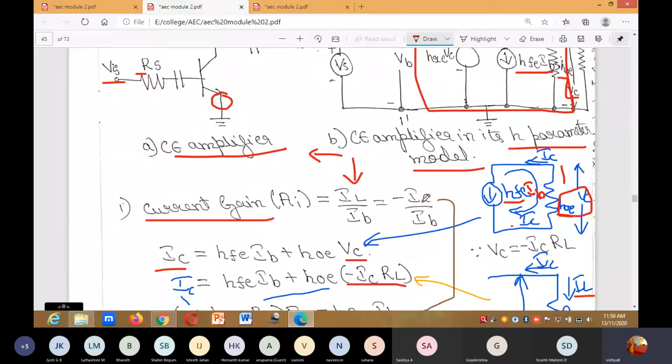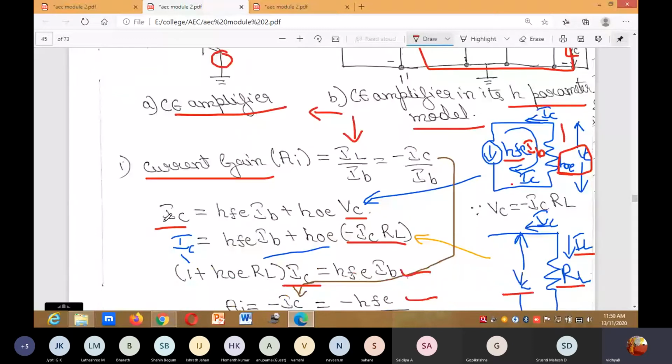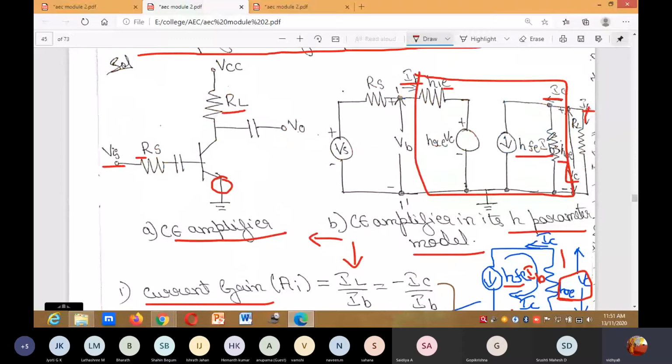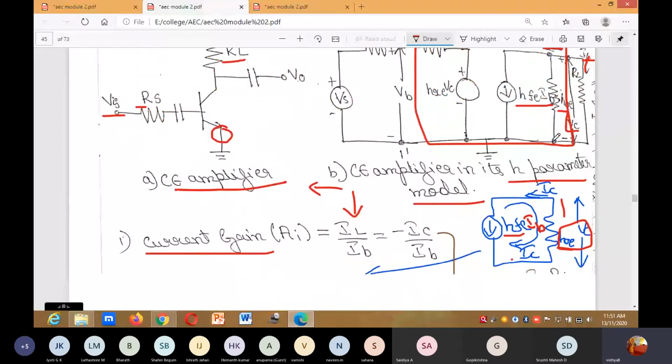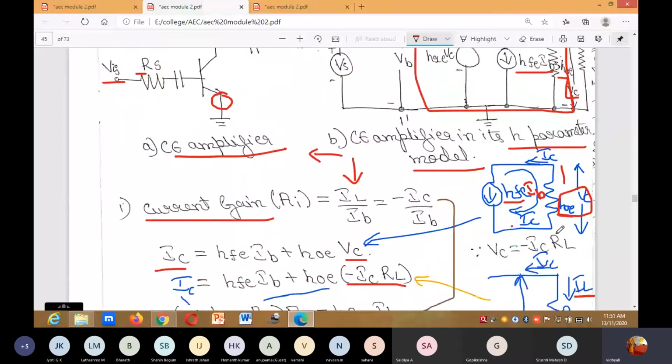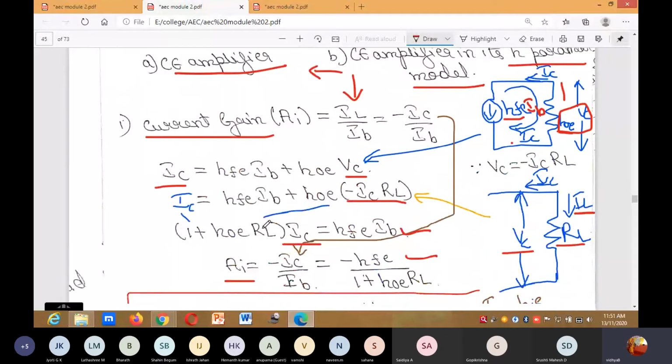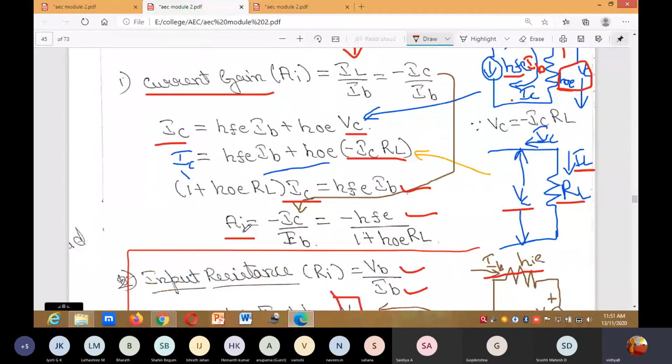IL is in this direction and IC is in this direction, so we can write it as minus IC divided by IB. Next, I have written the equation for IC from the figure. If you take this part, IC is equal to HFE into IB plus HOE into VC. After writing the equation, you need to solve it so that you will get the current gain.